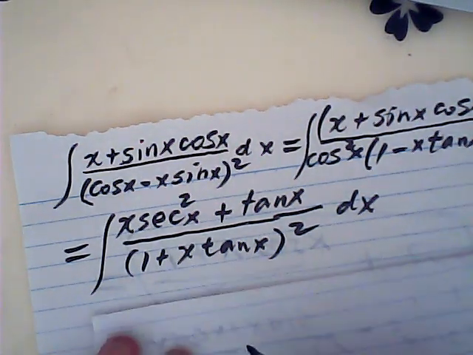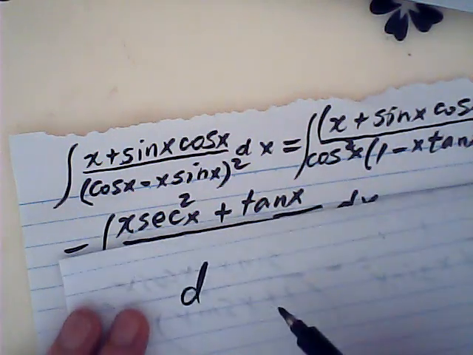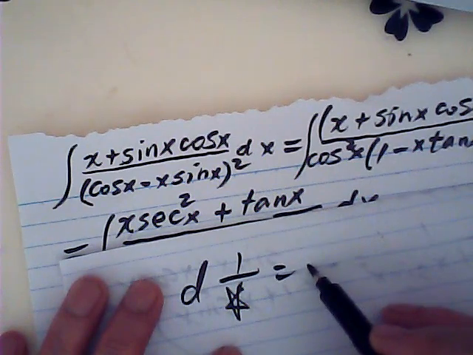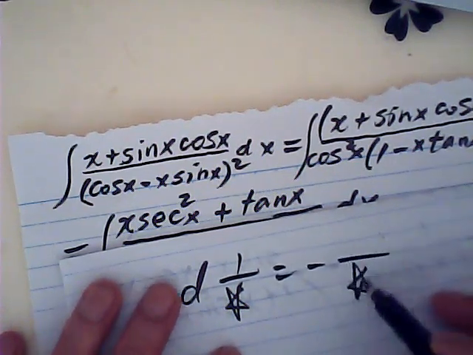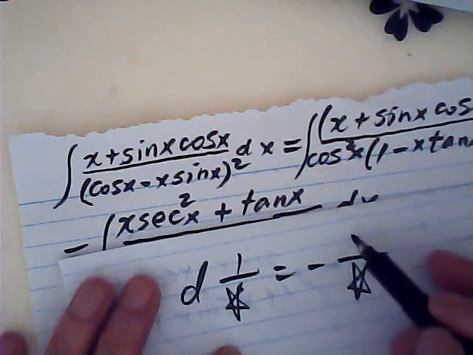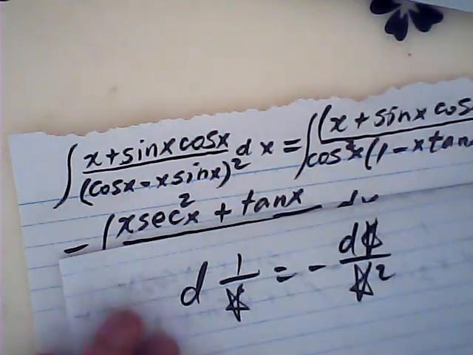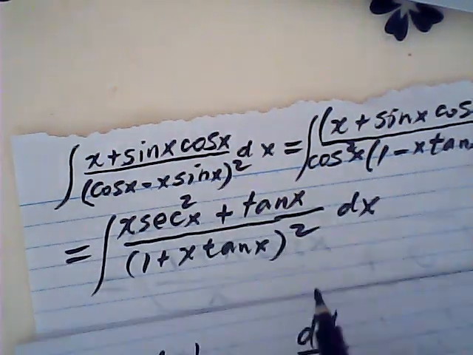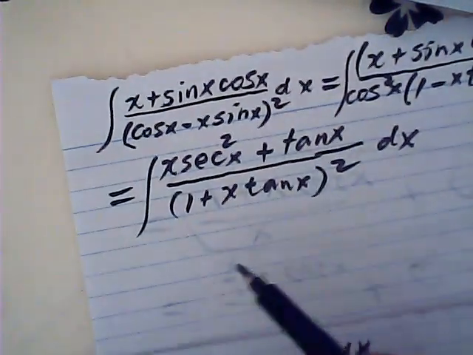You see, d of 1 over star is equal to negative, right? This squared and d this. Is this correct? Yes. Now, okay.